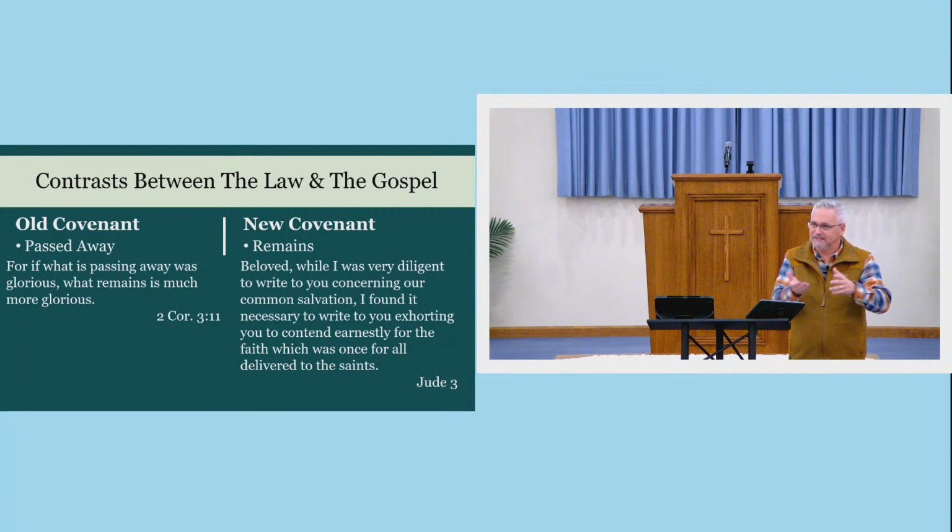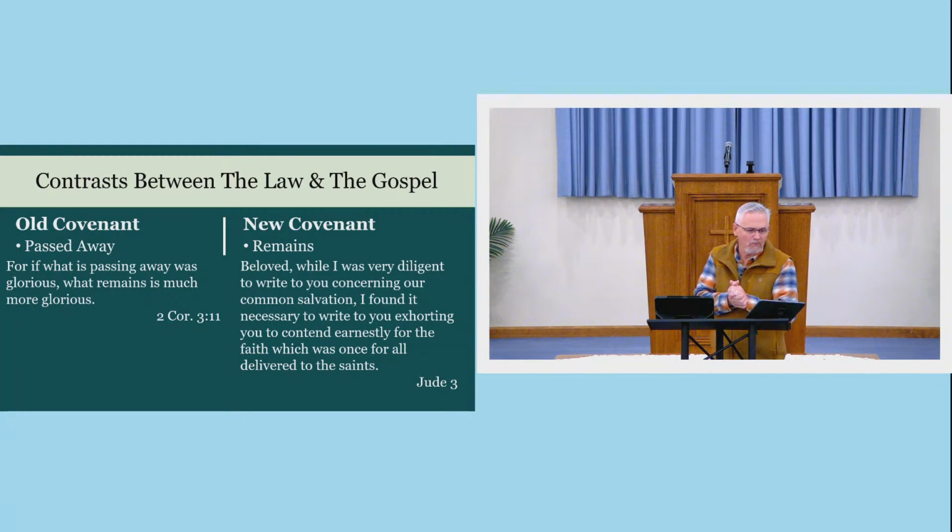And so, if in fact it was, and Paul says that it was glorious, he says, but what if what is passing away was glorious, what remains is much more glorious, right? It's much more glorious. Why? Because it remains. Because it has not passed away. It was only ever meant to be temporary. It was never meant to be the permanent thing.